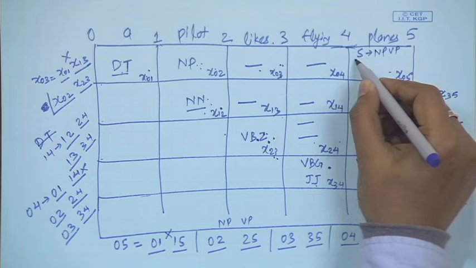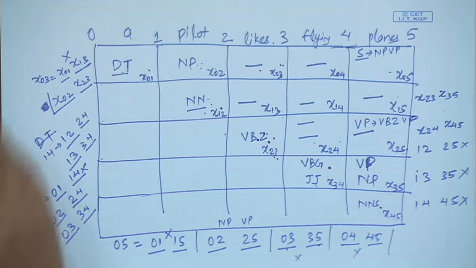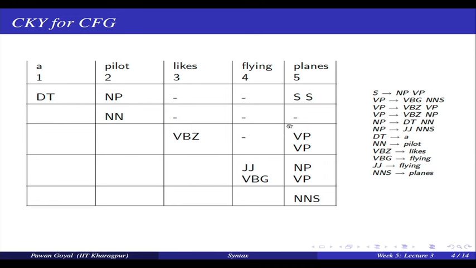There is one S that derives this. But are there any further S? For that we have to look at the other possibilities. 0335, this is null, and 0445 is null. So fine. I think we made one mistake here.